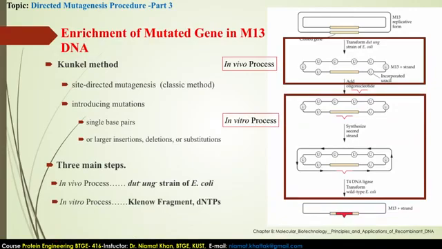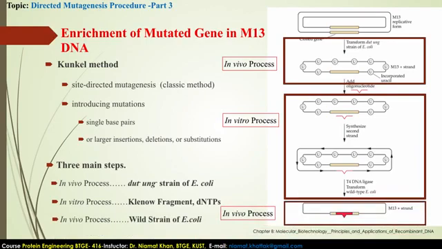In this step, mutant DNA is amplified by a special type of enzyme known as Klenow fragment. As DNA is amplified, this DNA is transferred into wild type E. coli for further amplification and expression. And in today's class we will discuss these three steps in a little bit more detail.